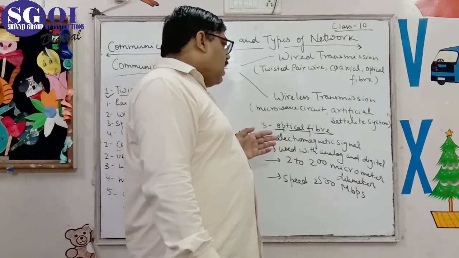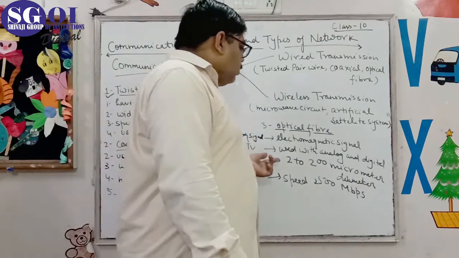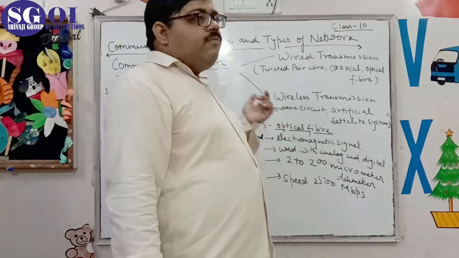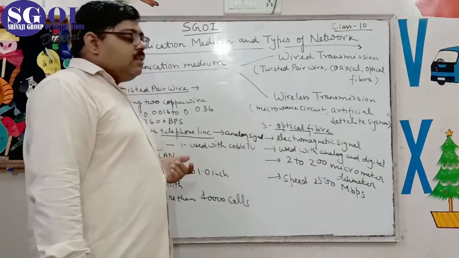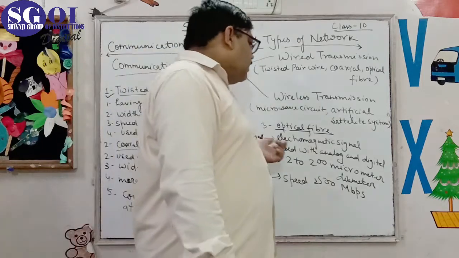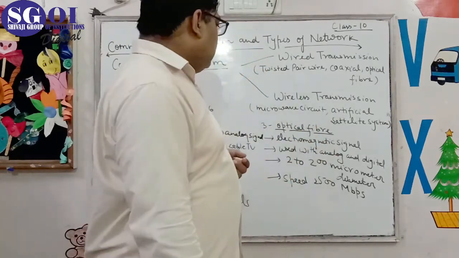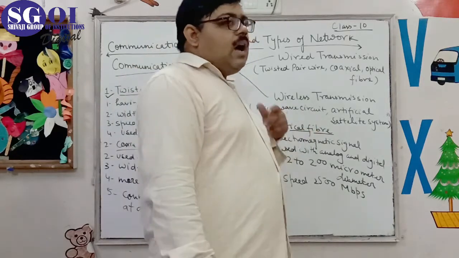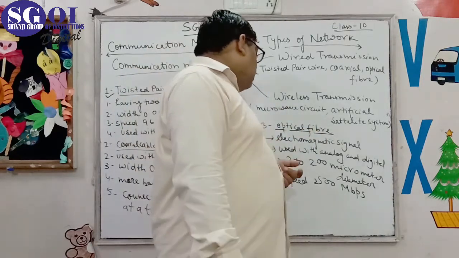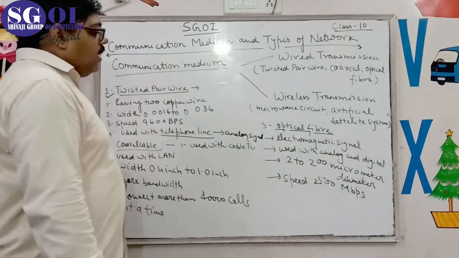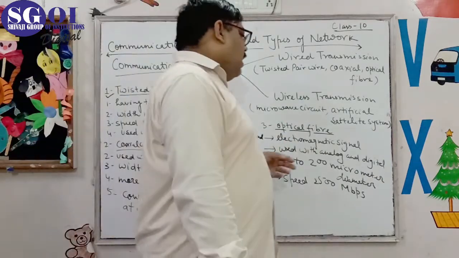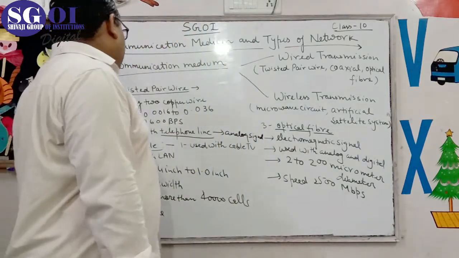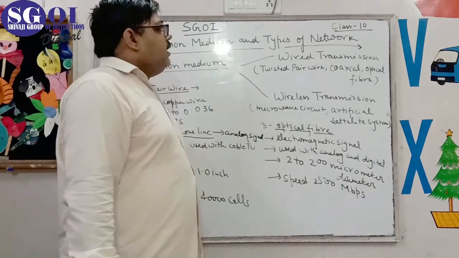The diameter of every fiber is 2 to 200 micrometer, and it is made of fine plastic or glass and silica. You also know about silica. And the speed of optical fiber is 2500 Mbps, so it has the highest speed compared with twisted pair wire and coaxial cable.